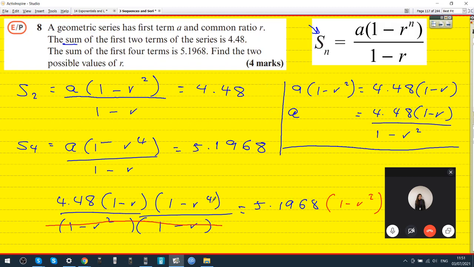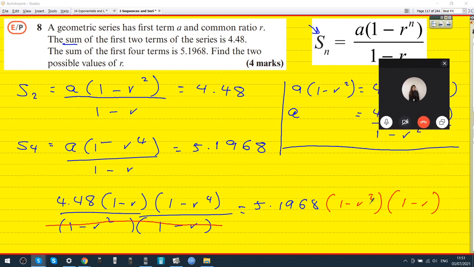Alright, little thing that we could have done is 1 minus r squared is like difference of two squares. So 1 minus r, 1 plus r. On the other side you have 1 minus r, 1 plus r, and it gets rid of that.